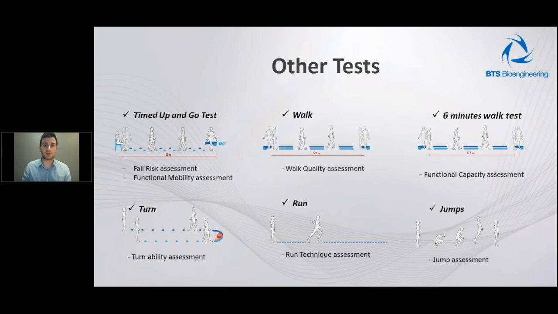So it allows the quantification of different clinical tests. For example, tests such as the walk provide important parameters, for example, the velocity and the asymmetry, that again are fundamental information to characterize the patient's risk of falls.